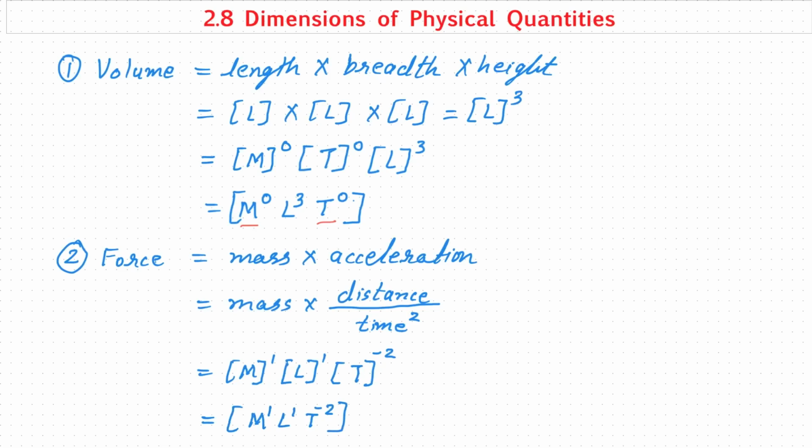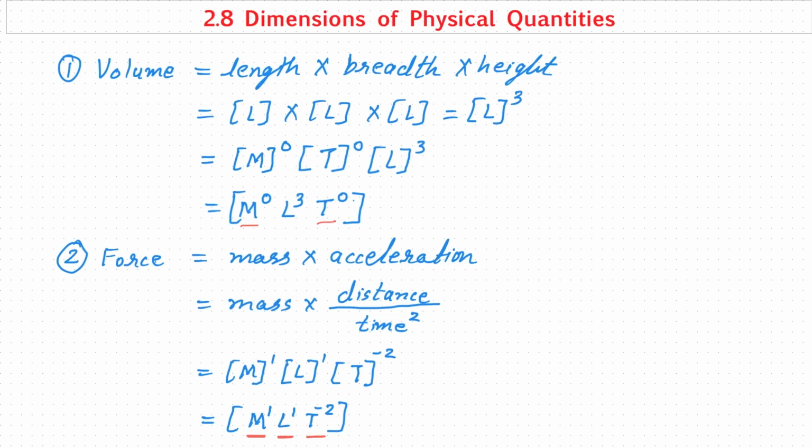So now we can say that force has one dimension in mass, one dimension in length and minus 2 dimension in time. This is how the dimensions are written for any physical quantity.